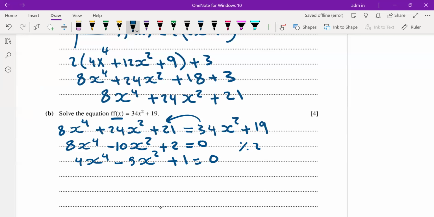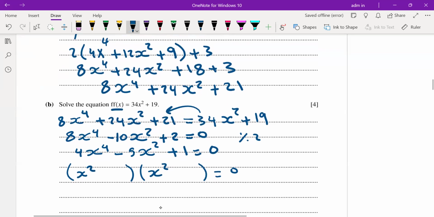You can directly use the factorization method, but instead of writing x and x, I write x squared and x squared. You can use your calculator to help factorize this expression. If you use mode 5 3, you will get your answer 1 and 1 over 4. So you have to factorize like this: x squared minus 1 and x squared minus 1 over 4.